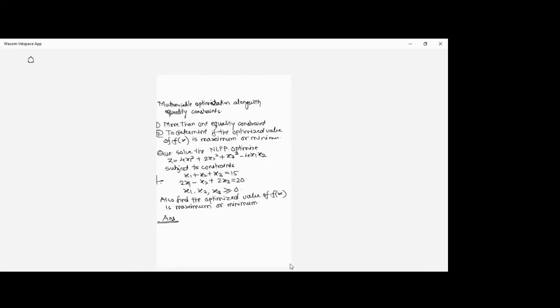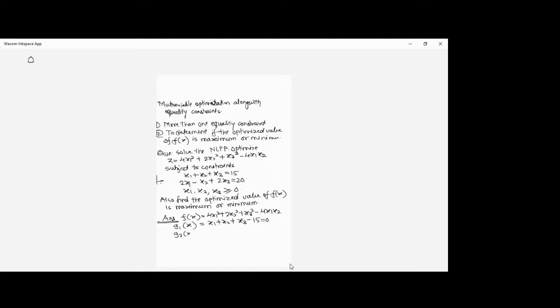All right. So what we have here is f(x), which is 4x1^2 + 2x2^2 + x3^2 - 4x1x2. Then we have the constraint which can be written as g1(x), which is x1 + x2 + x3 - 15 = 0.